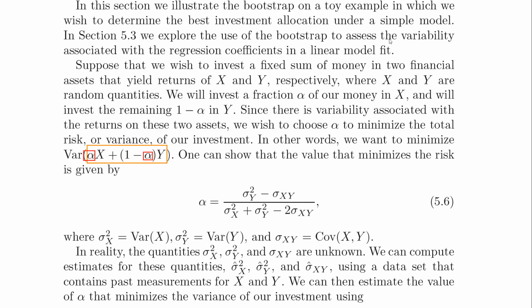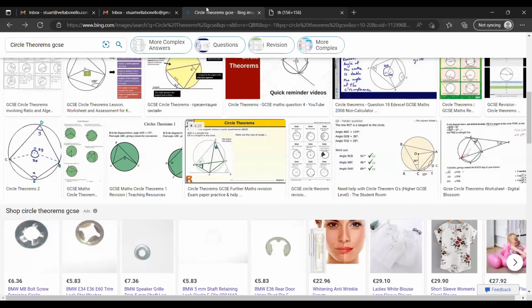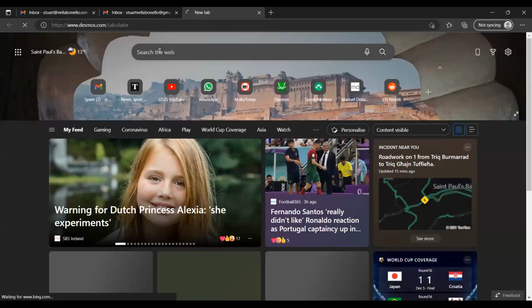What do we want? Well, you usually want to maximize your expected return while minimizing the risk. Now, it's very optimistic if one believes that you can optimize both of them. But going into Desmos, I'll just make this clear.